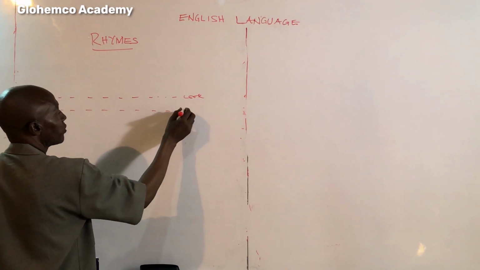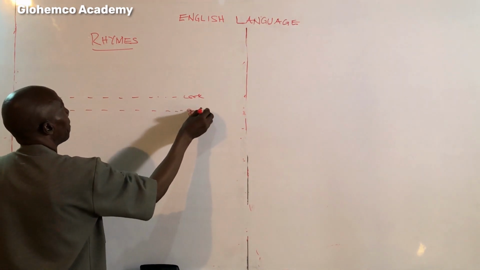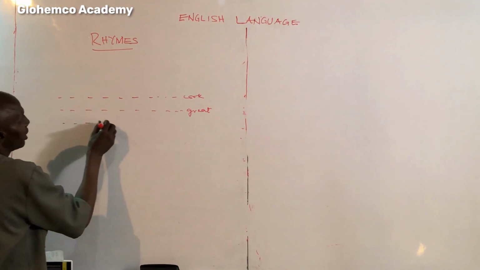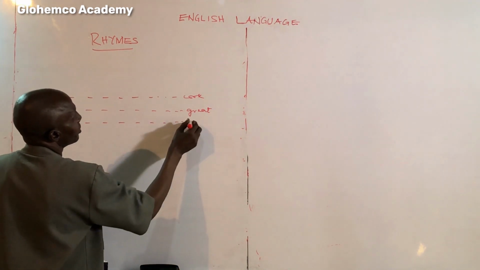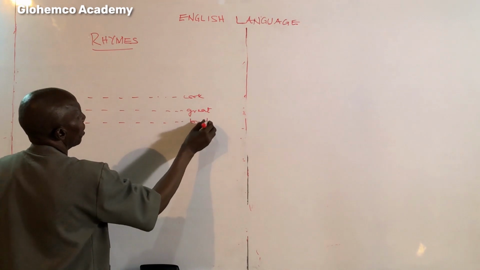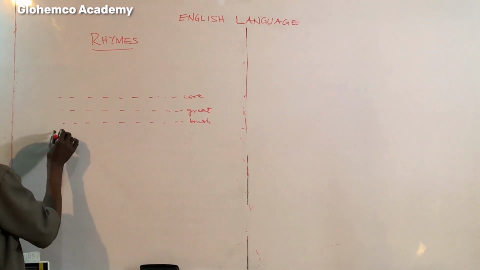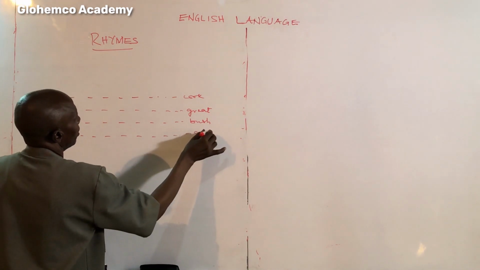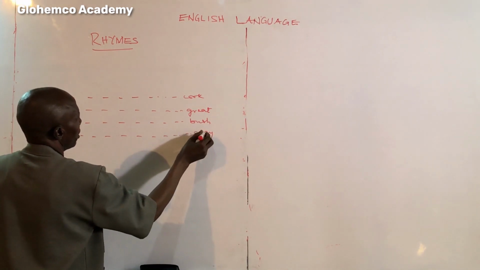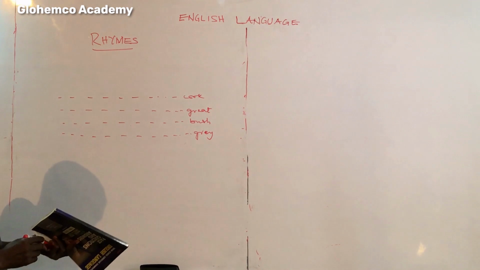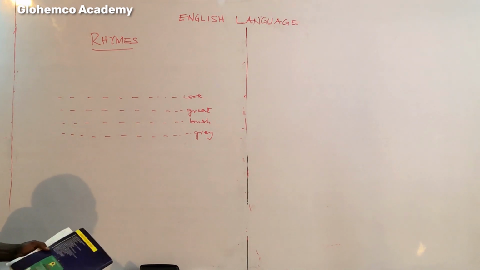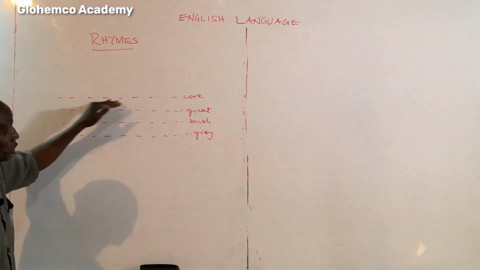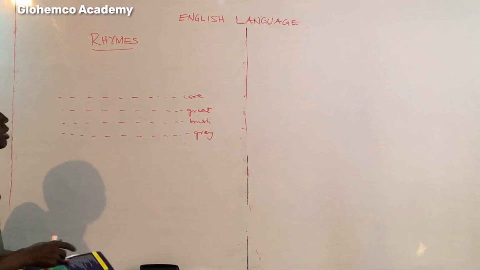At the end here, you have great. Then we have another one here. You can have bush. Here you have green. All right. Meaning this is a line of poetry, there are some words here.